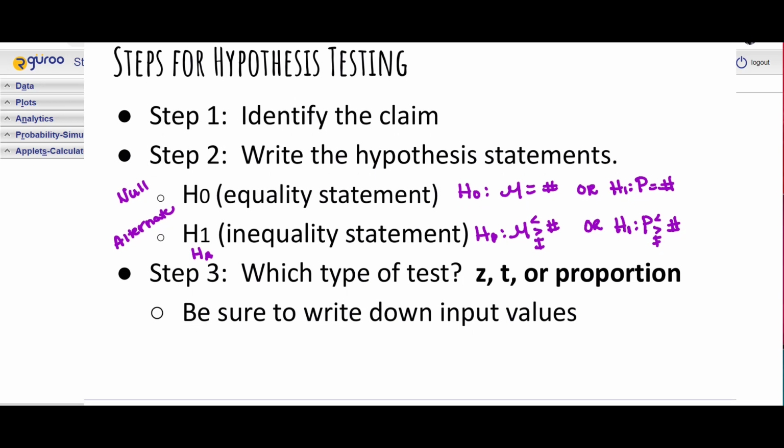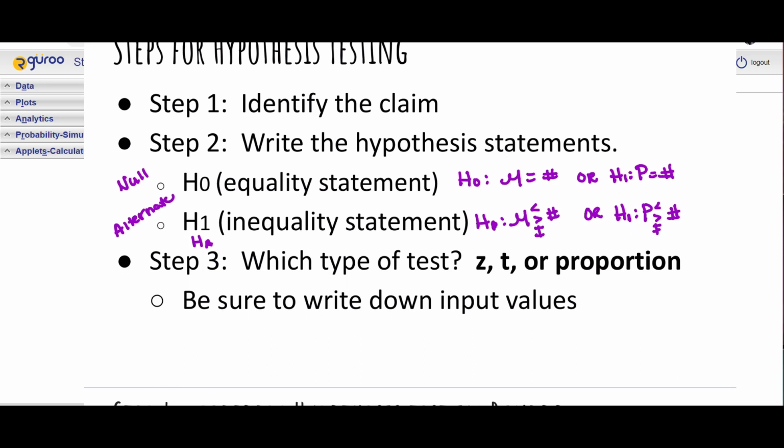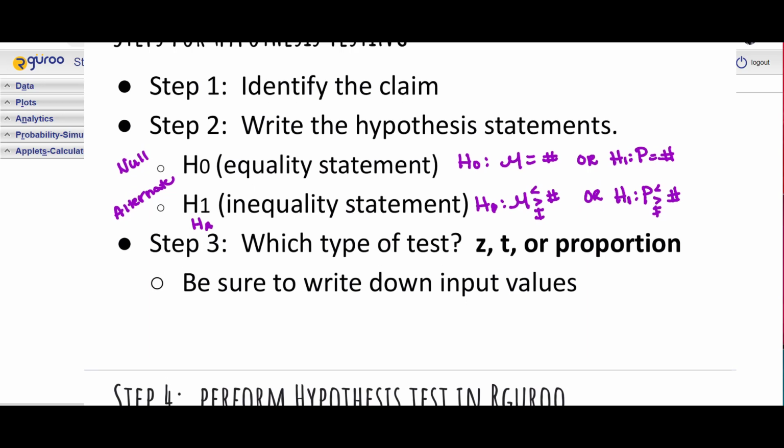And so then once you write that out and you review what you're testing, you need to decide which type of test you are running. And so I have Z, T, and proportion. So basically you have, I'm just going to call it a mean Z, or you could choose a mean T, or you could choose proportion.